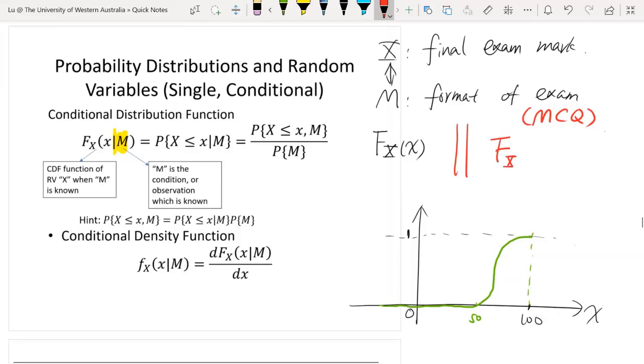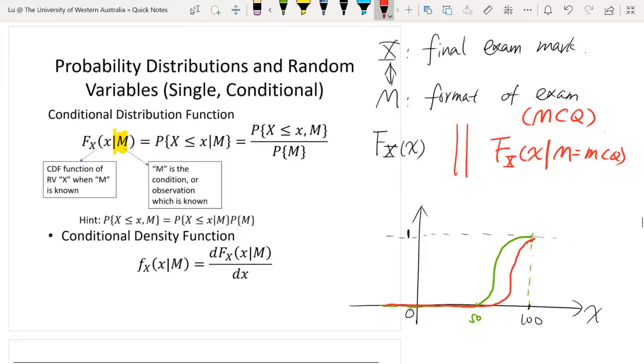So FX(x | M = M2), all multiple choice questions. And based on this condition, the CDF curve for the random variable X will be changed to maybe something like that. Okay, so this is just an example.